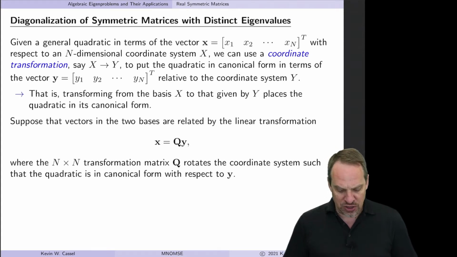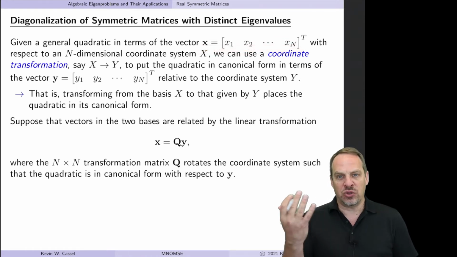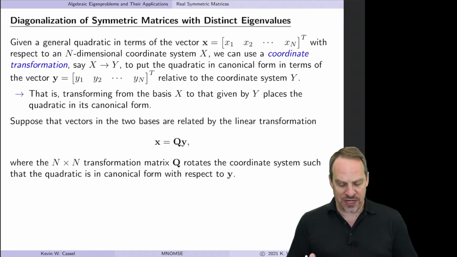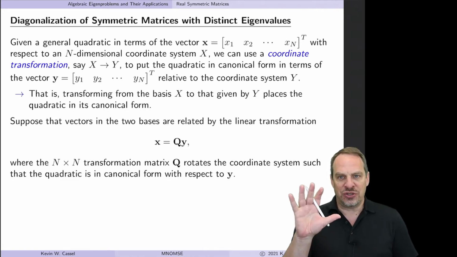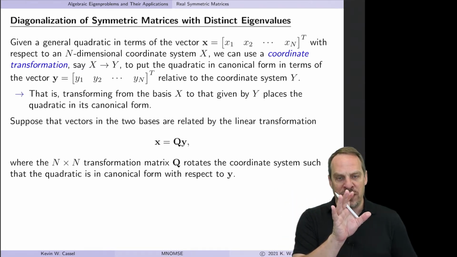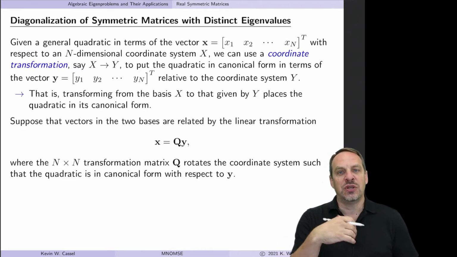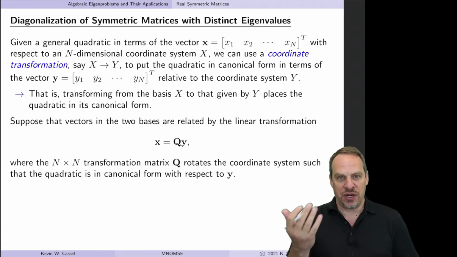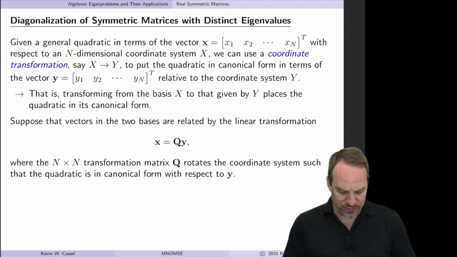So we have our original variables, the x variables, x1 through xn, and those define a coordinate system on which our quadratic sits. And what we're going to imagine is we can transform that coordinate system from x to y, so a new set of variables y1 through yn, with respect to which the quadratic is going to be in its canonical or standard form.